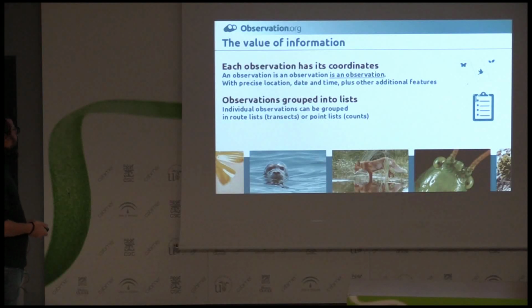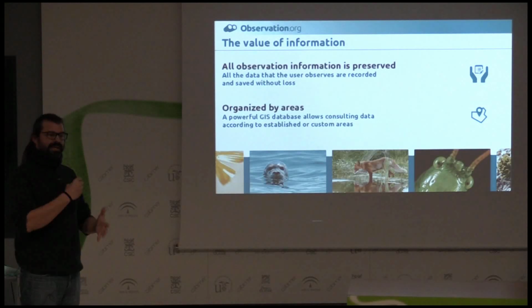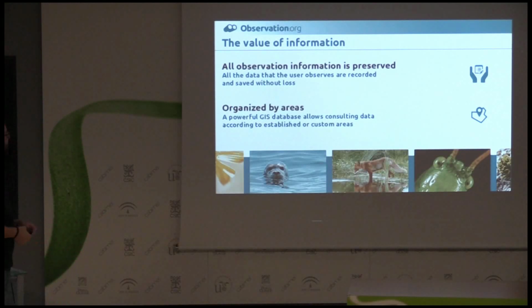That is something that was previously missed using just casual observations. Everything that you get on your mobile phone is then sent to a database with all that information preserved. We don't do calculations that erase anything that you have collected.